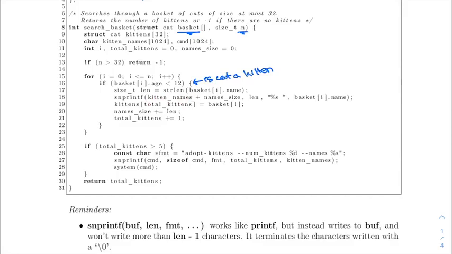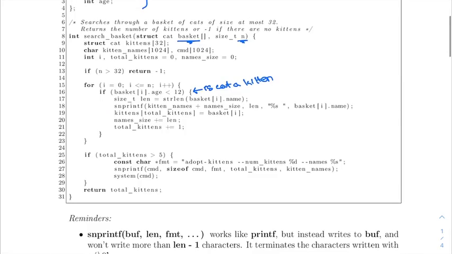On line 19, after we've written the name to the ledger of kitten names that we have here, we're also going to record the actual cat item in kittens, right? So in 18, we're reading the name. In 19, we're recording the actual cat itself. And then in line 20, we are incrementing this names_size delimiter, if you will, by the length.